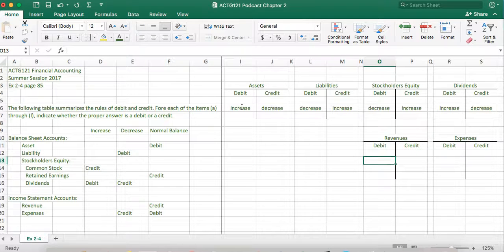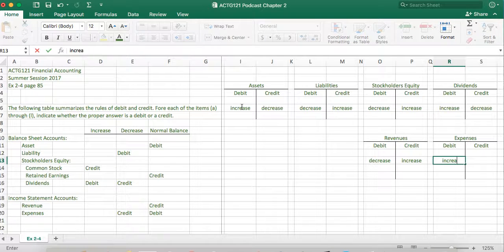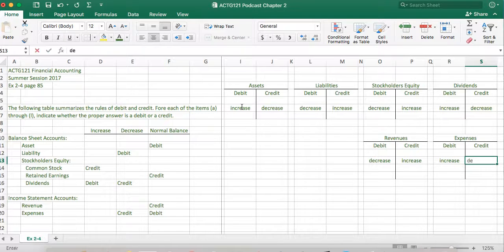So again, assets increase with a debit, dividends increase with a debit, liabilities and stockholders' equity increase with a credit. Revenues decrease with a debit and increase with a credit. And expenses increase with a debit and decrease with a credit. I know that's confusing.